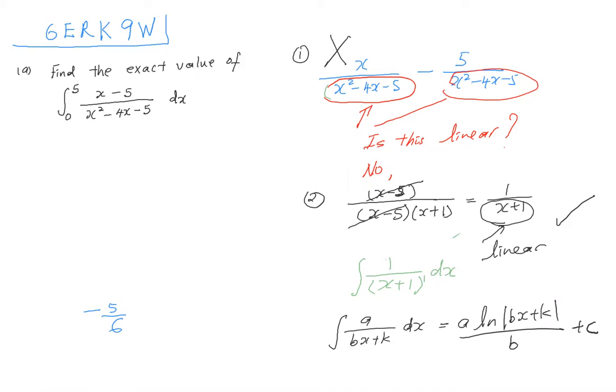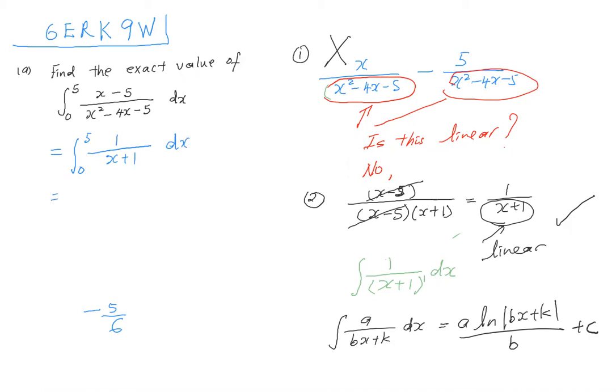Okay, so definitely, if you see it's a fraction, the bottom is linear and the power is 1, then you know it's definitely ln. You have to train your mind to think that way. So this one, it will be integrate from 0 to 5, 1 over x plus 1 dx.